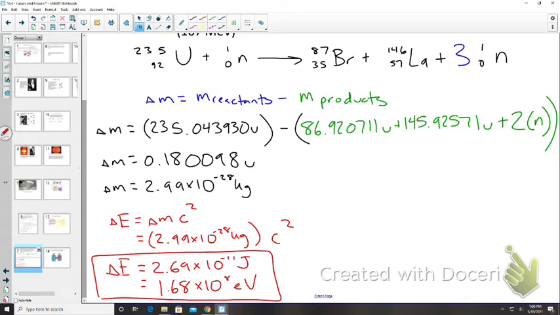So again, change in mass is mass of the reactants minus the mass of the products. In this case, it's not final minus initial, like we've been doing throughout the semester, but it is going to be mass of the reactants minus the mass of the products, because we want to find how much of that mass is going to be converted into energy.